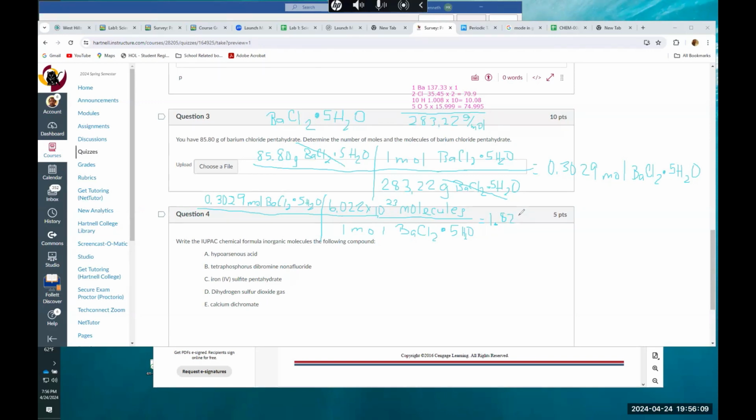Oh wait, I forgot to add a 0 after the 3 on the moles. Okay. So if we're given mass, we're going to use molar mass. And if we're given moles and they want molecules, then we want to use Avogadro's number.